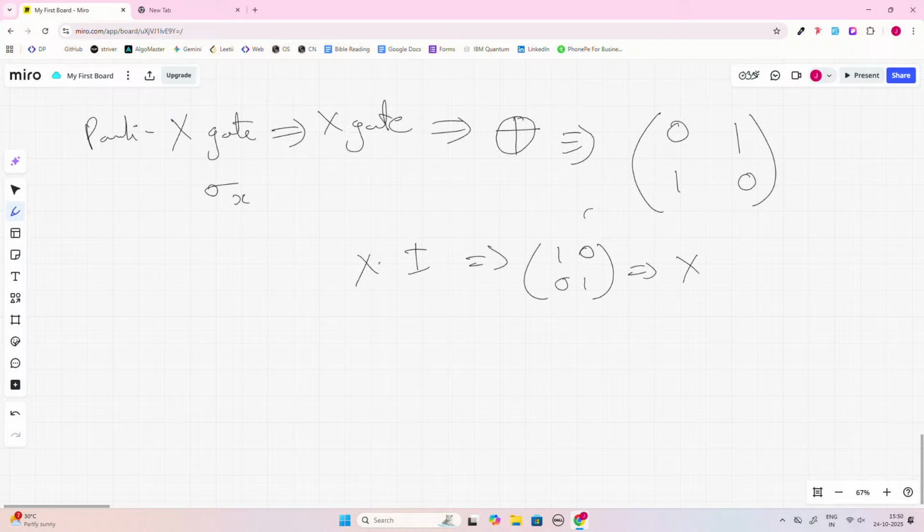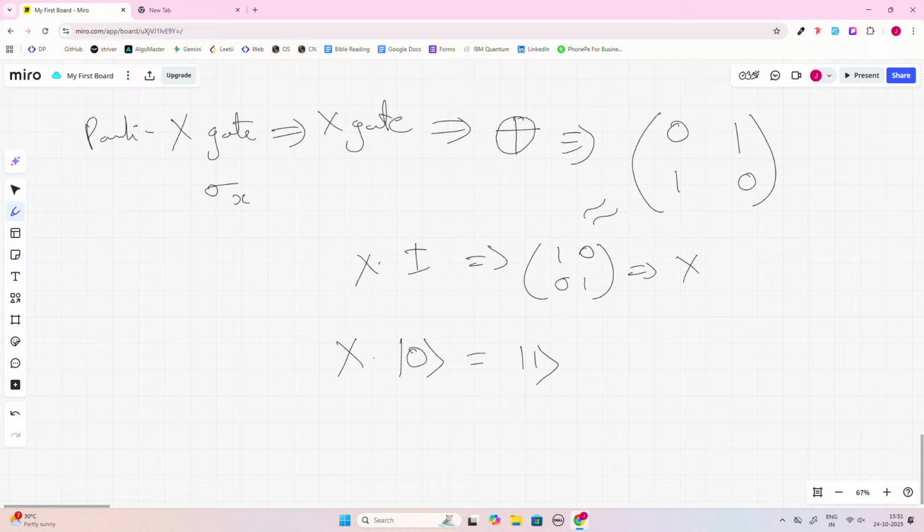So is there any relation you're seeing between this one and this one? It's nothing but I am reversing them, right? So the meaning is simple. The zeroth state is there now. For the zeroth state, if I apply the X gate, the output is 1.